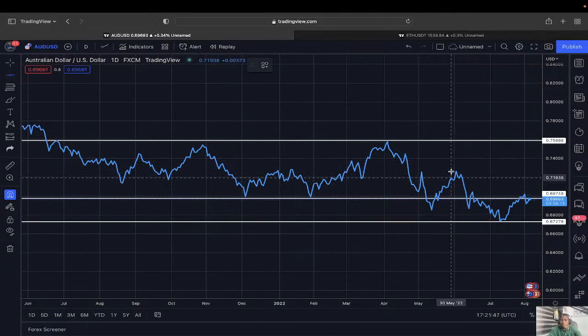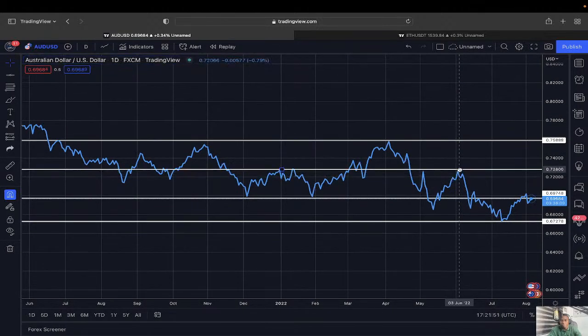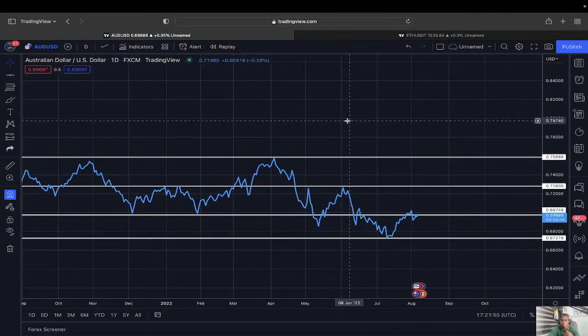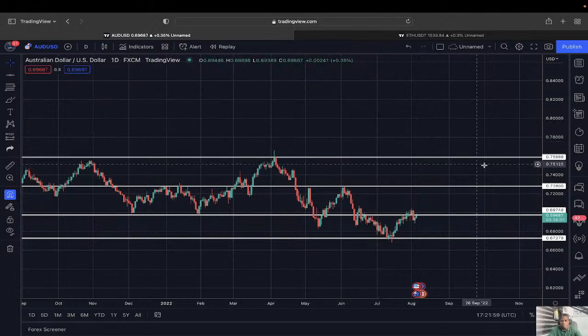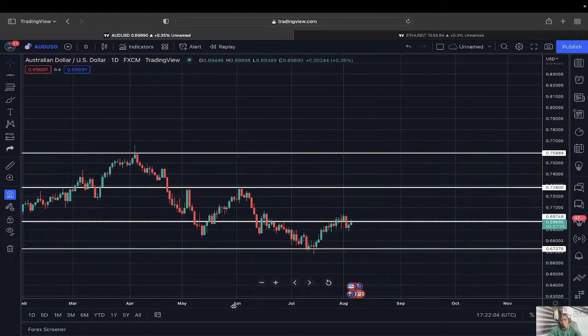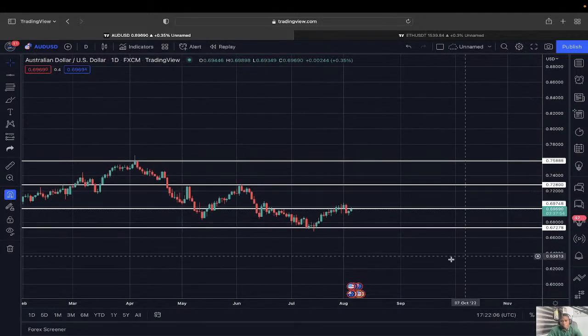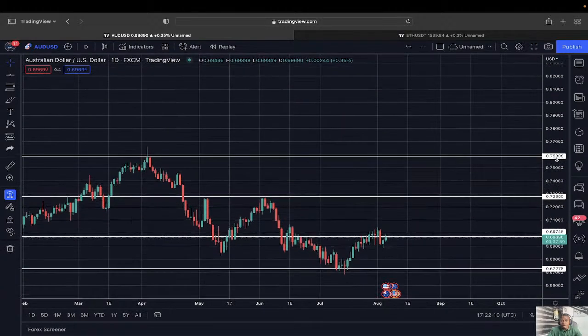So this is the daily time frame, and you see what is playing out here.